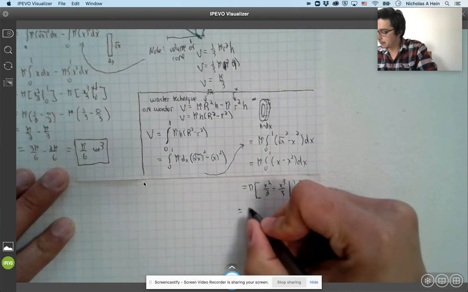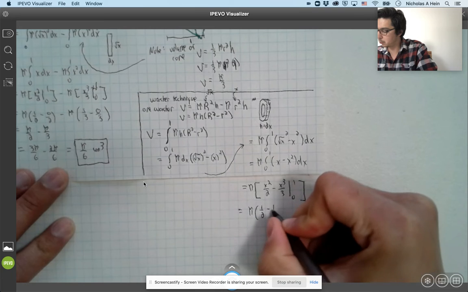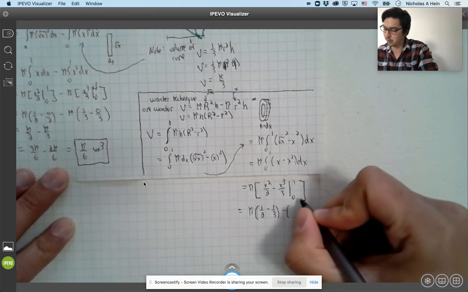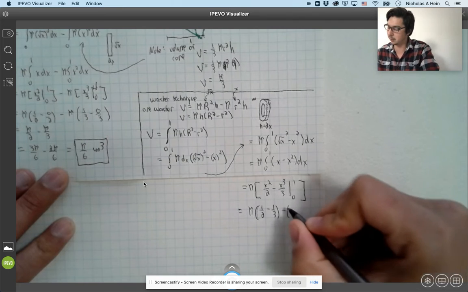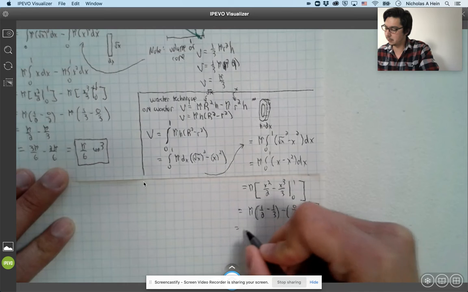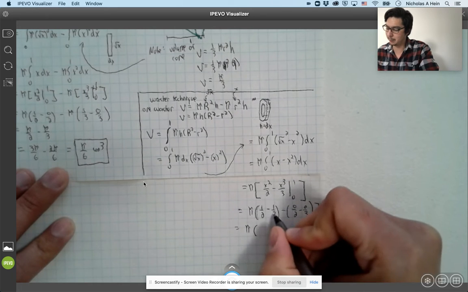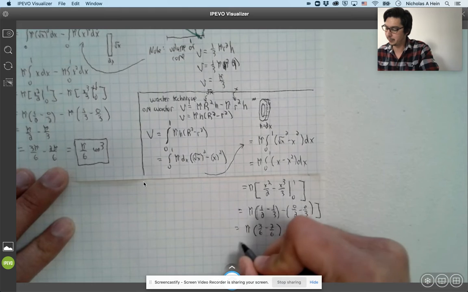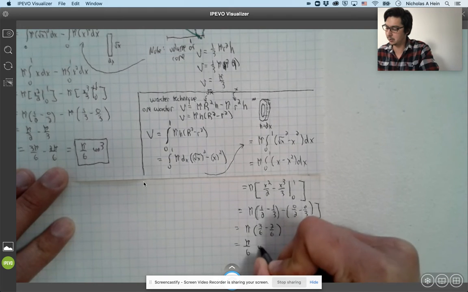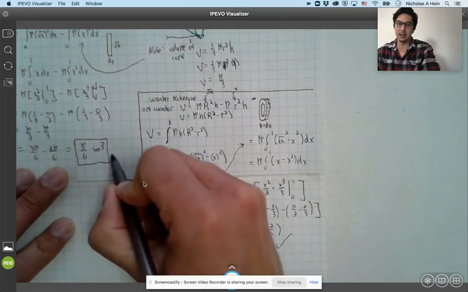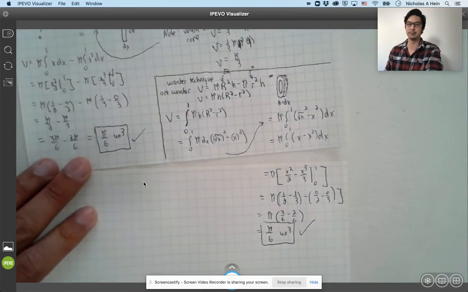Plugging that in, we'll get pi times 1/2 minus 1/3 minus, and just in case this was another number, notice I'm putting parentheses around it, 0 over 2 minus 0 over 3, which gives pi times, simplifying 1/2 minus 1/3, that's 3/6 minus 2/6. And notice how you get pi over 6 units cubed, which is the same thing we got using the old method.